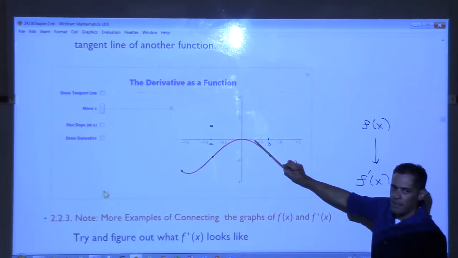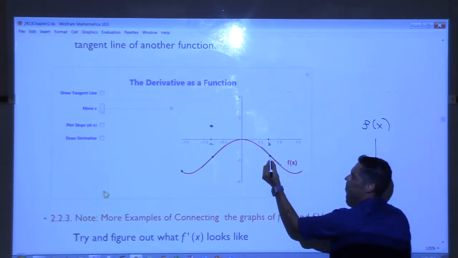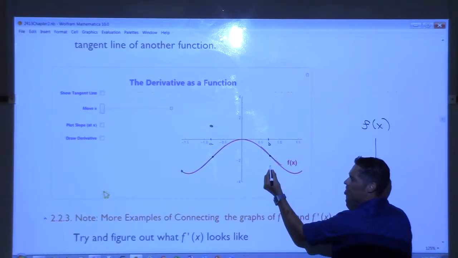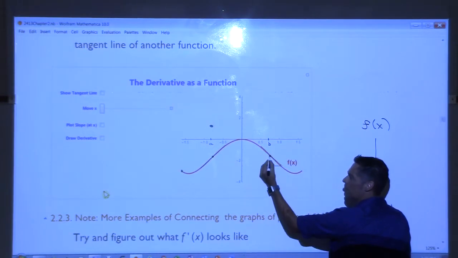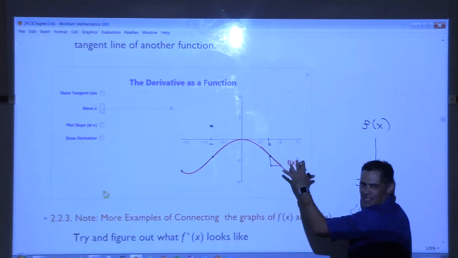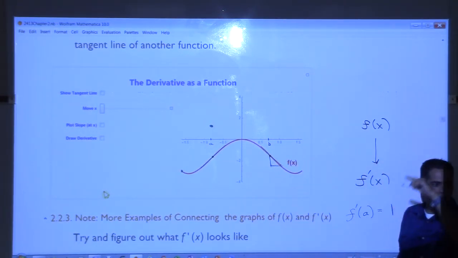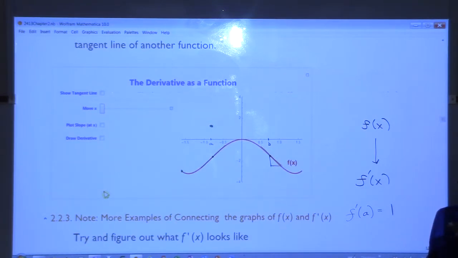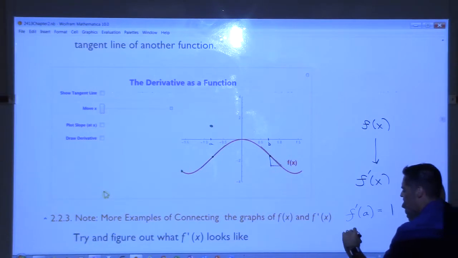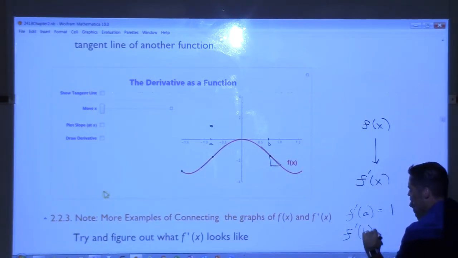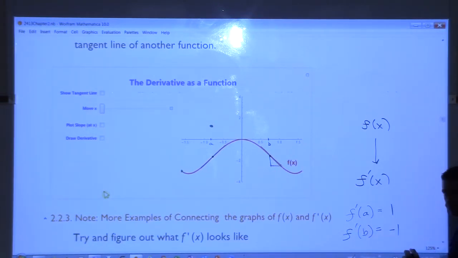Positive or negative? Negative. Negative, right? So we have a negative slope. Rise over run, so down over... what does that ratio look like? Does that look like 1 to 1 maybe? Yeah. So down 1 over 1. So would you say that the slope there is -1 about? Okay. So at B, it looks like we have -1.